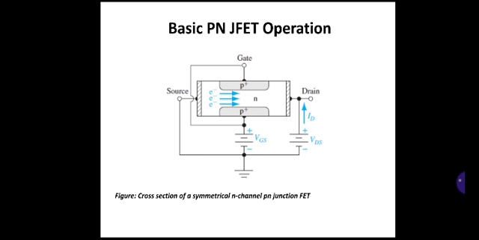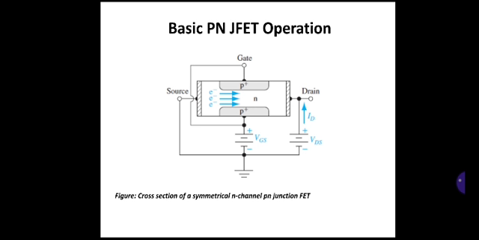If the channel of this figure is considered as a distributed resistor carrying a current ID, so that ID is the drain current, it is clear that the voltage from the drain end of the channel D to the source electrode S must be greater than the voltage from a point near the source end to the source.